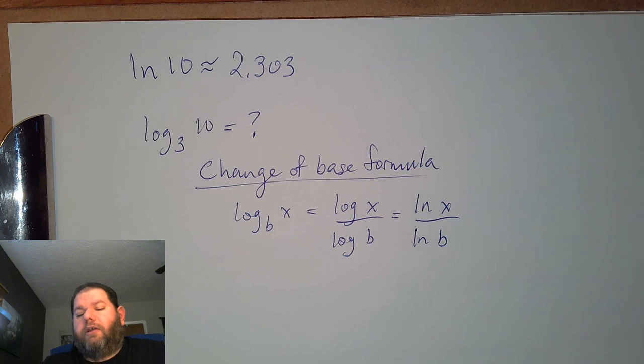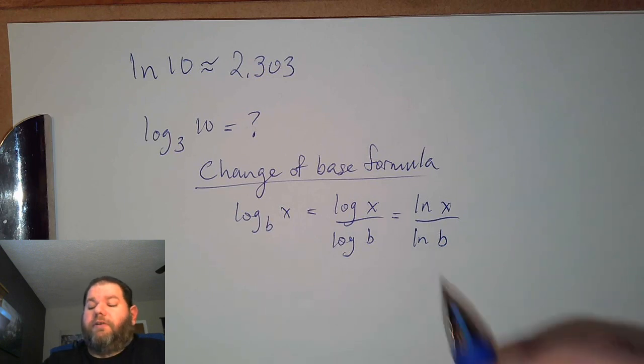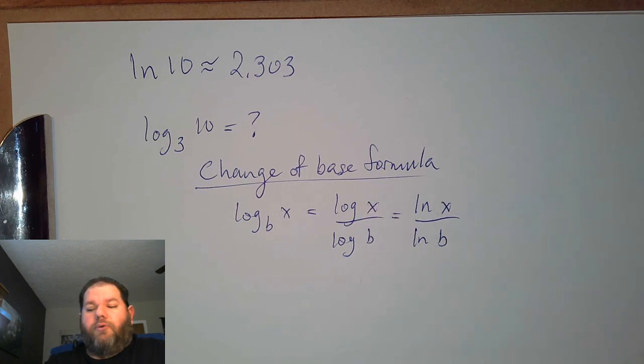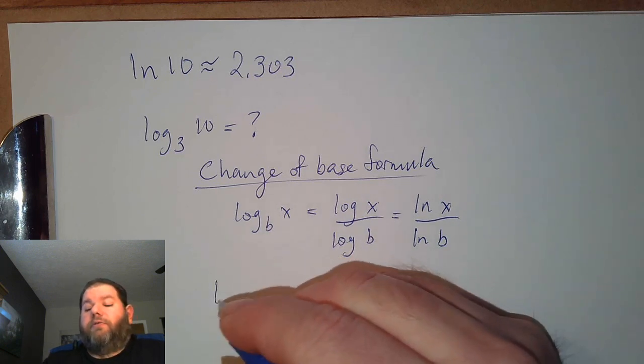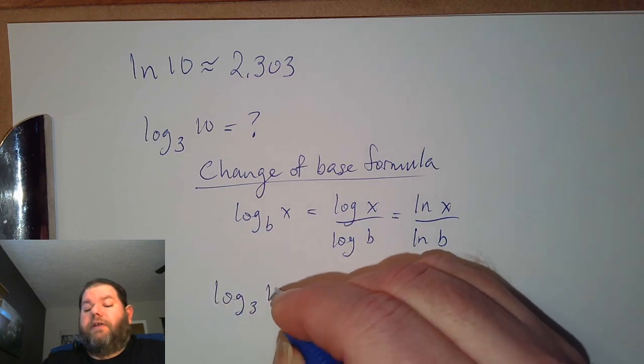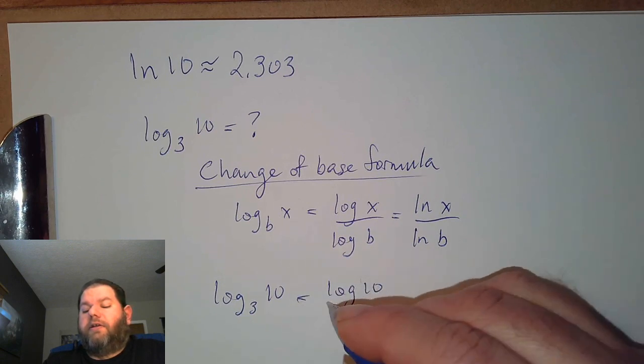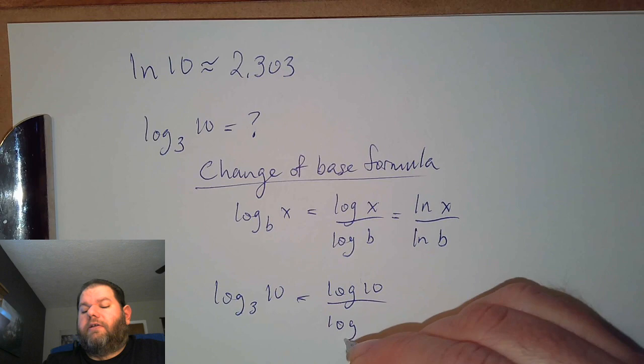Okay? When we use the change of base formula, we can change the base to anything we want. But in this example, I've shown you two different formulas for log of base 10 and log of base e, that both of those we can do on our calculator. So if we wanted to find log base 3 of 10, we would take log of 10 and then divide by log of 3.